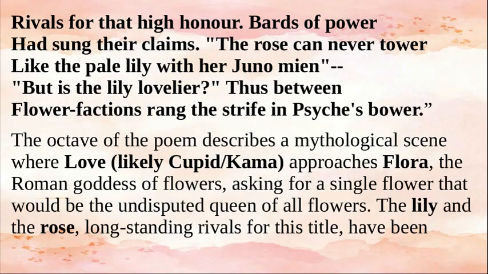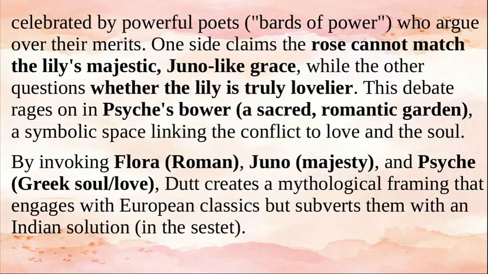The octave of the poem describes a mythological scene where love, likely Cupid or Kama, approaches Flora, the Roman goddess of flowers, asking for a single flower that would be the undisputed queen of all flowers. The lily and the rose, long-standing rivals for this title, have been celebrated by powerful poets, bards of power, who argue over their merits.